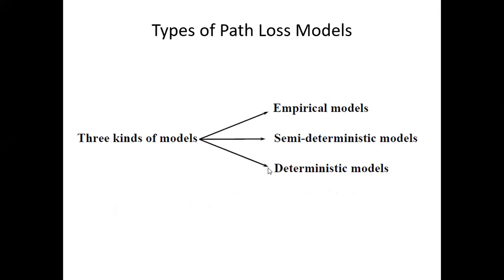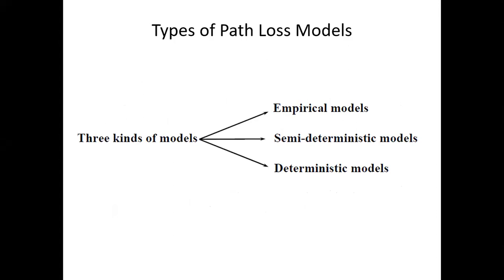So the path loss models have 3 different classes. You use the theories completely, like the models we have discussed: the free space equation, that itself is a model, and the two-ray model. These are deterministic models.